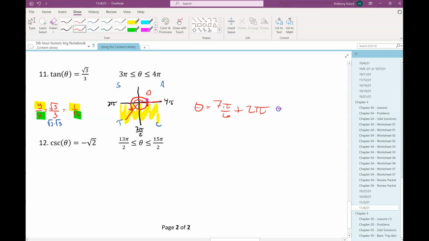And when I make a common denominator and do all that jazz, I end up with 19 pi over 6. Yeah, so each time I go around the unit circle, I'm adding 2 pi, or subtracting if I'm going the opposite way. Oh, I see.